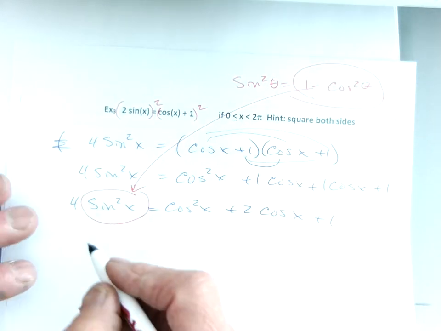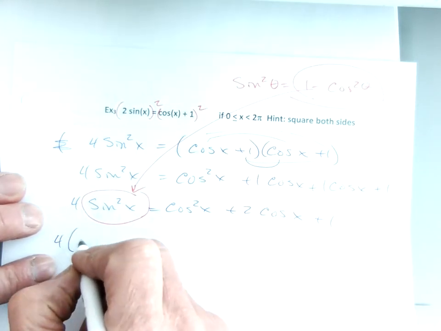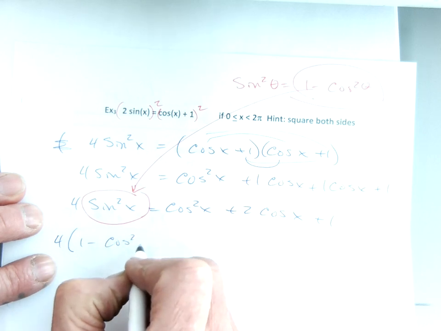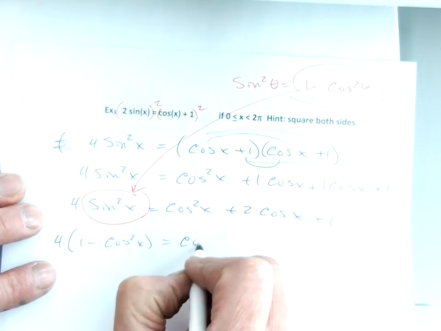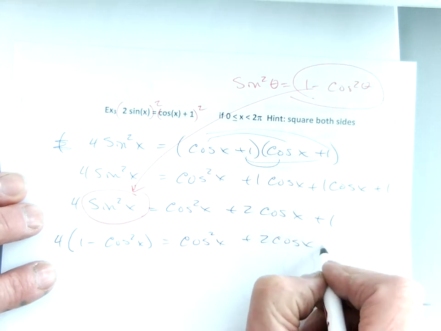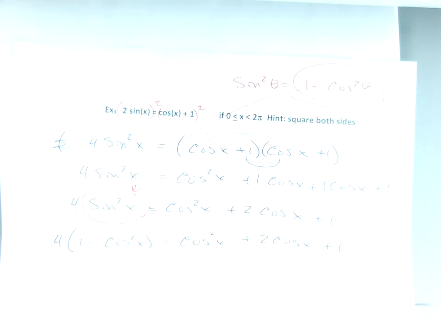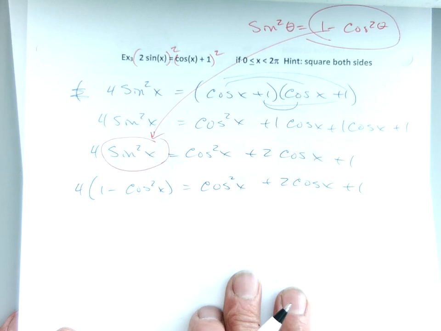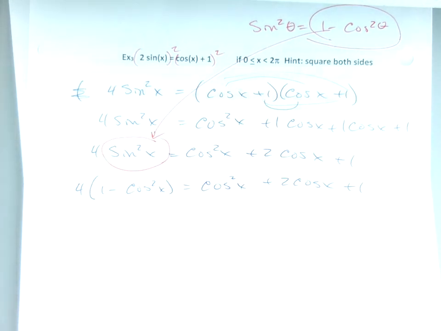All right, so 4 times 1 minus cosine squared of x equals cosine squared of x plus 2 cosine of x plus 1. Man, we're doing real math when it takes a whole page to get an answer. Woo! It's fun stuff, huh? Okay. So all I did is substitute sine squared with an identity, 1 minus cosine squared, okay?